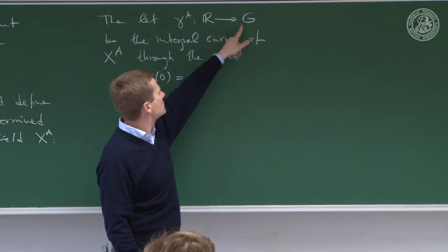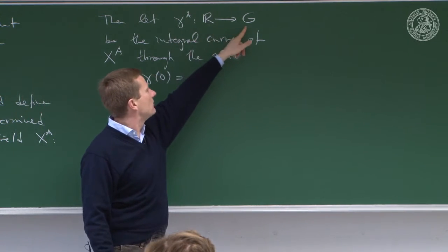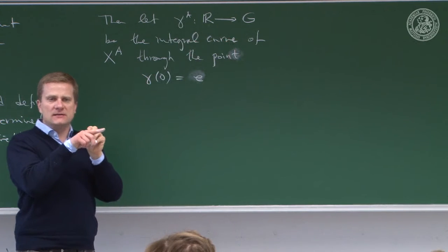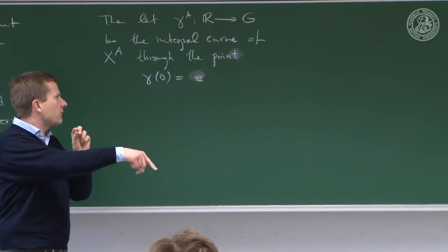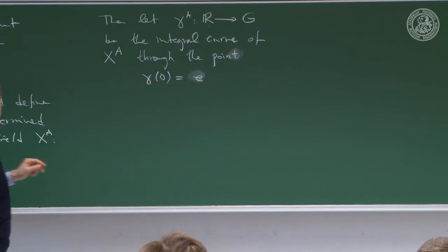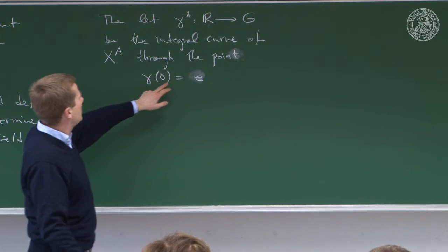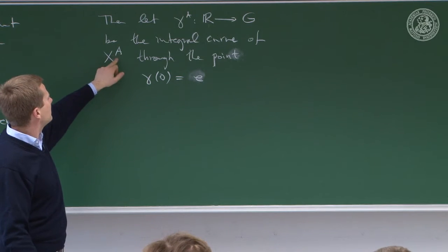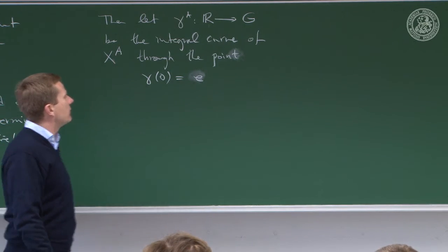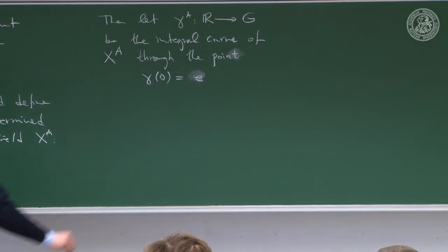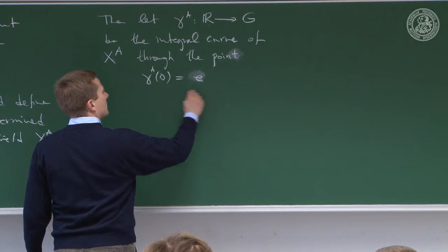Okay, it lands in the group, so I can say at parameter value 0, I want to be at the identity. And how do I go on from there? Well, it depends in which direction my A points, and then I just follow an integral curve of this left invariant vector field through that point. So, I should write an A here.